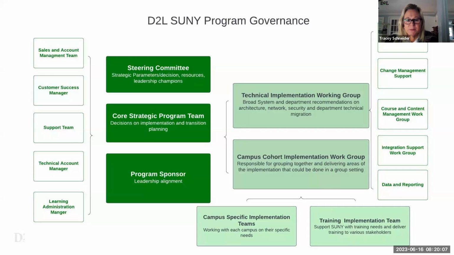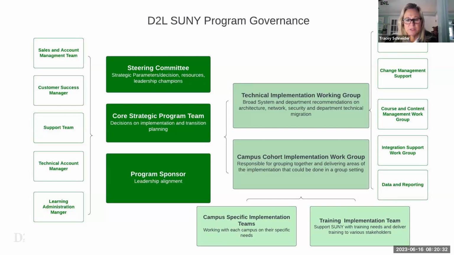We built out teams to support both the cohort group implementations as well as the individual campus-focused implementations. And we had various different work streams happening to support things like course migration, content management, integrations, change management, training, and data and reporting. And we always want to keep the operational team tightly aligned through the implementation, just to ensure that there's a smooth transition once implementation is complete.